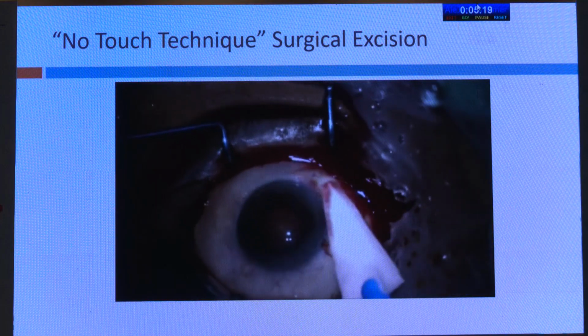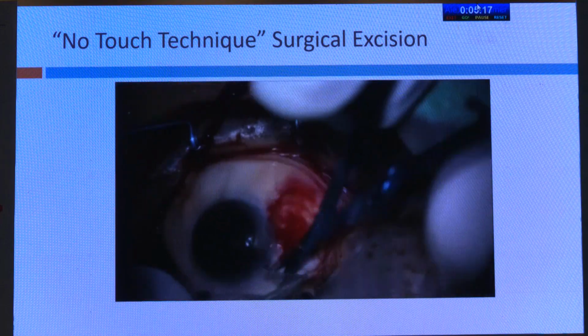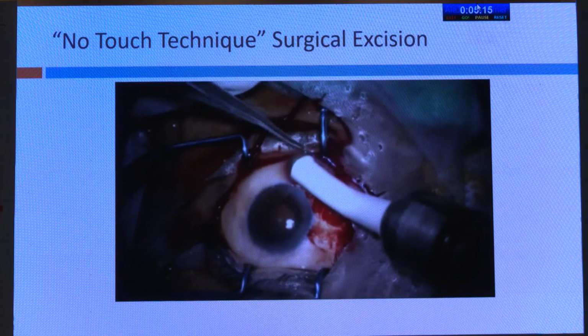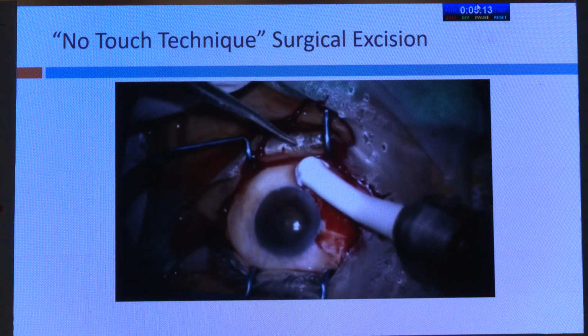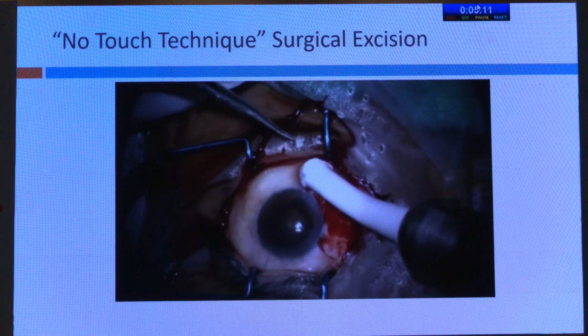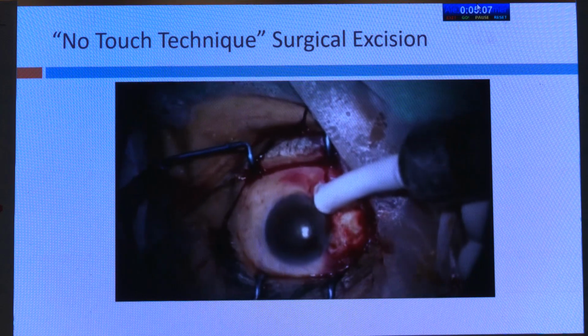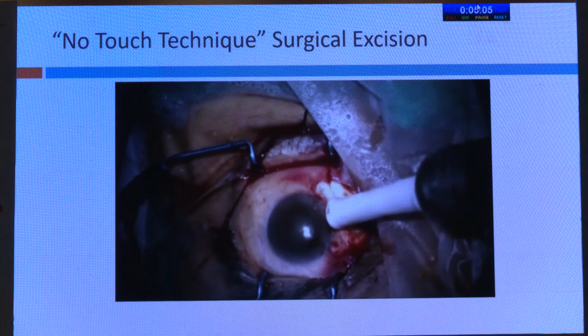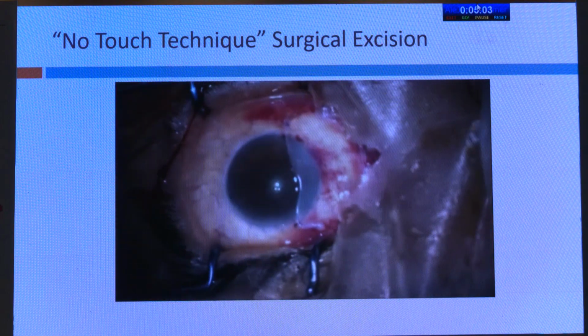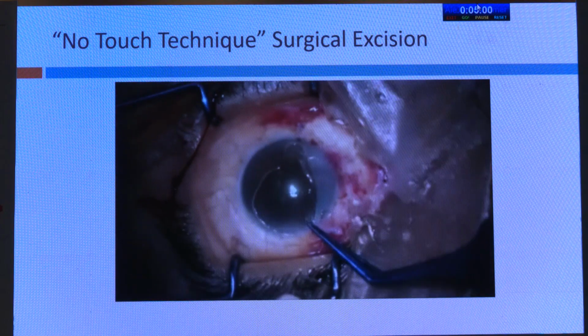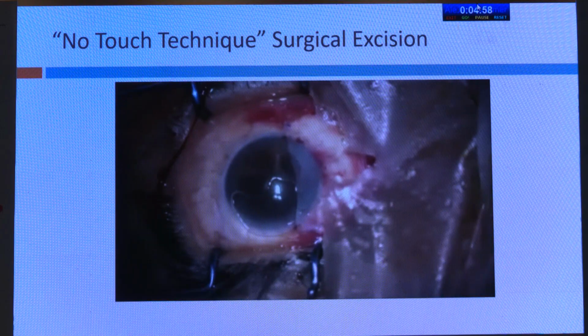It is important that you do not reuse the instruments you have used to dissect the tissue in the later stages of the surgery, so that you do not inadvertently cause tumor seeding to the normal tissue. After the tumor has been removed, a double freeze-thaw cryo is applied on the surrounding adjacent conjunctiva to further freeze and kill the surrounding cells and remove any remaining metaplastic cells if they are present.